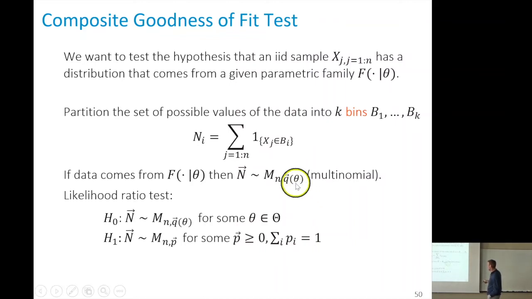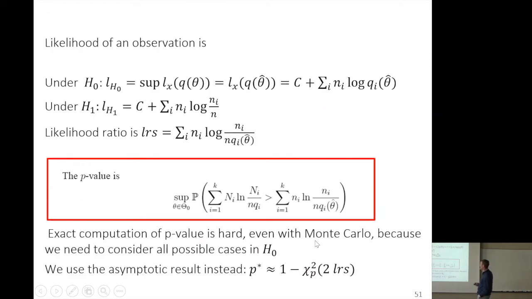So for every theta, there's a well-known vector, Q of theta, that gives me the distribution of N, which is multinomial. This is the number of times we fall in bin i when we have capital I possible choices given by this probability distribution. And this is the null hypothesis. The generic hypothesis, like before, is that the distribution P is anything, any distribution that we can allocate to the bins here. So let's do a likelihood ratio test.